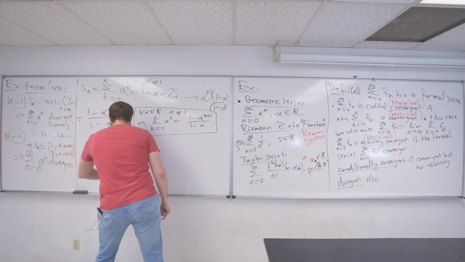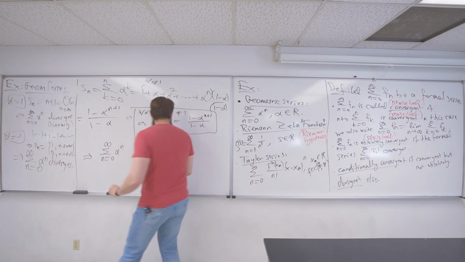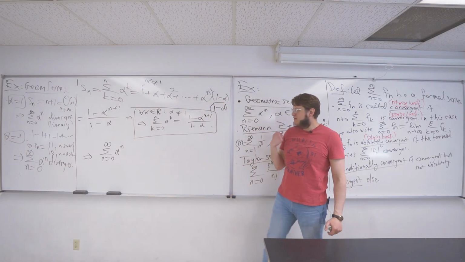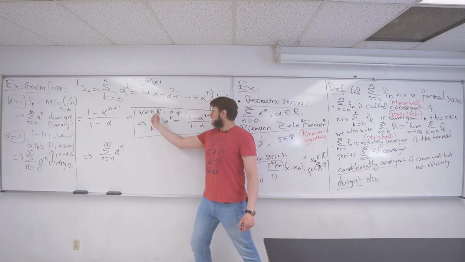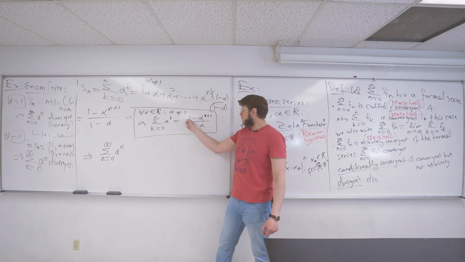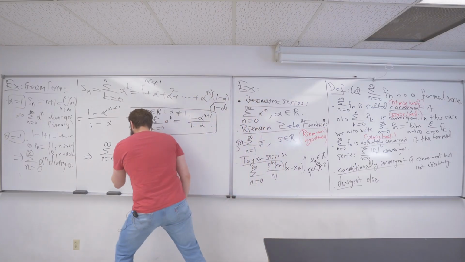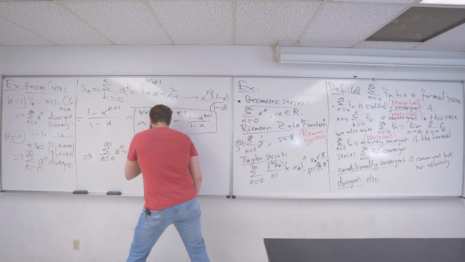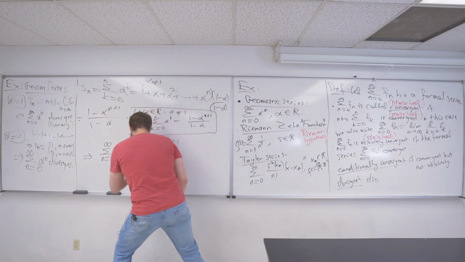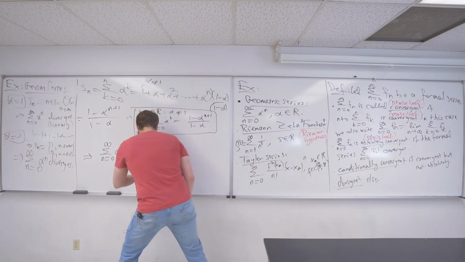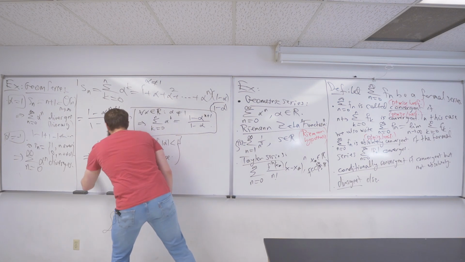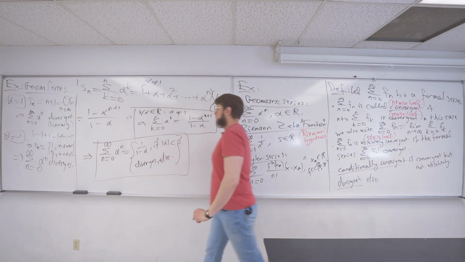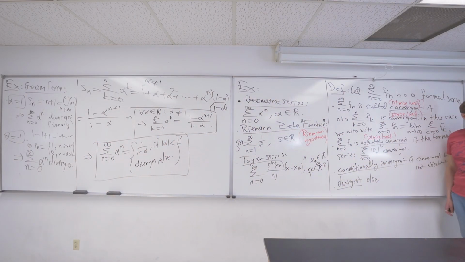And in fact, I also know a specific value: if alpha in absolute value is less than 1, the limit as n goes to infinity is going to be 1 over 1 minus alpha.